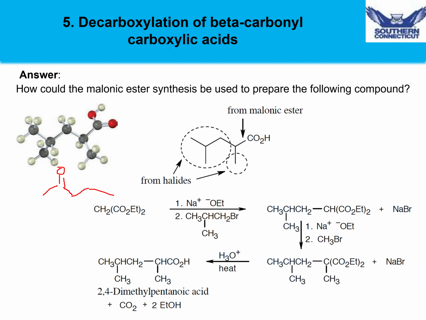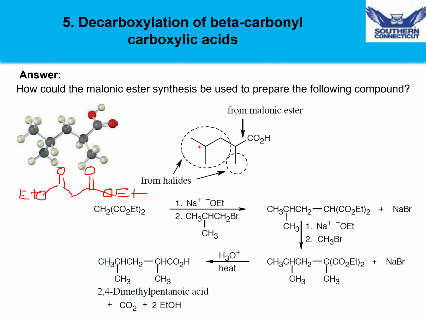There's an ester in this direction. And it doesn't matter which alkyl groups are on the ester. So we're using here an ethyl group on both esters, but it doesn't really matter which ones we have. And then we're going to use base to form an enolate from the center carbon, and then we could add alkyl groups from the corresponding alkyl halides.